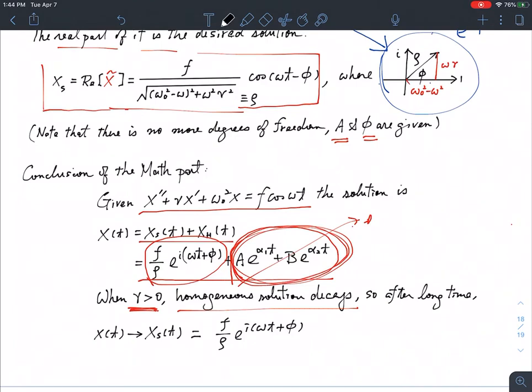Then we take the real part and convert this into cosine ωt, to compare with a real quantity, for the real solution.